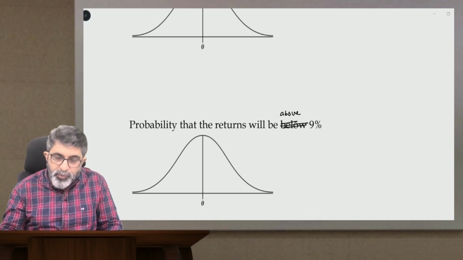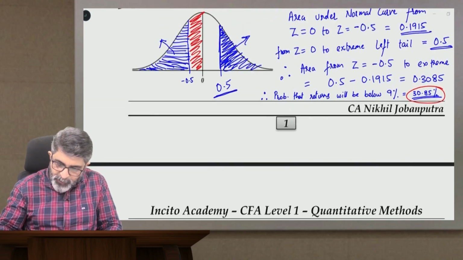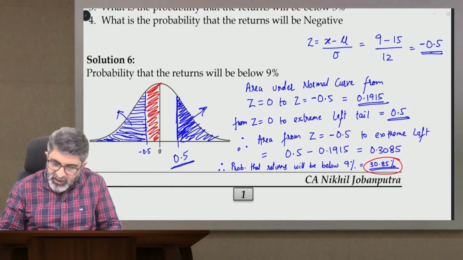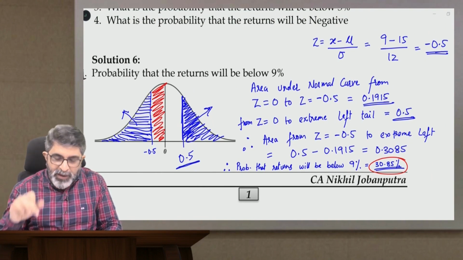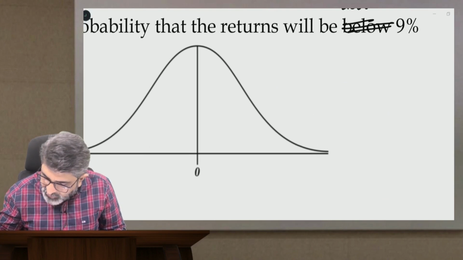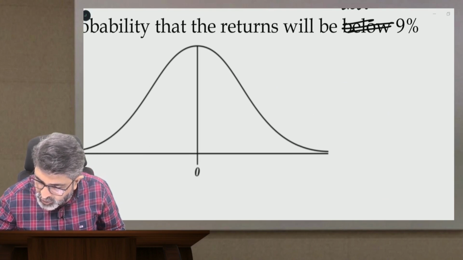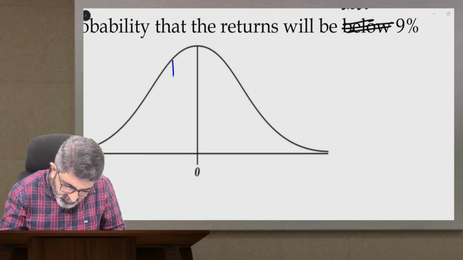First you find the Z value for 9%. We have already found the Z value for 9%, correct? Z value for 9% is what? Negative 0.5. So here we identify negative 0.5 is coming at what place? Negative 0.5 is coming at this place.